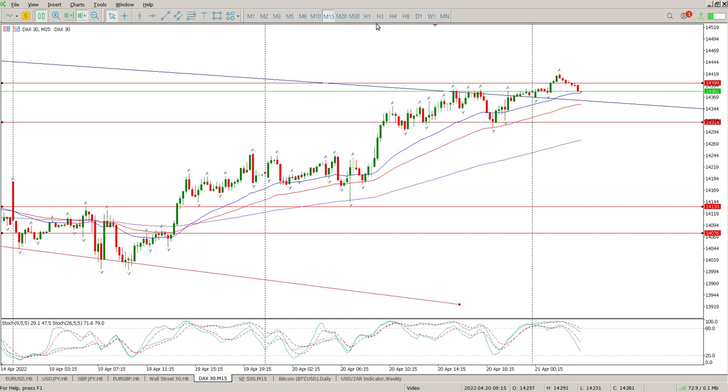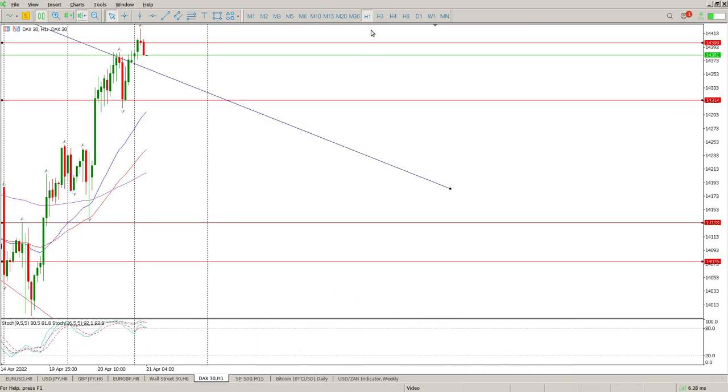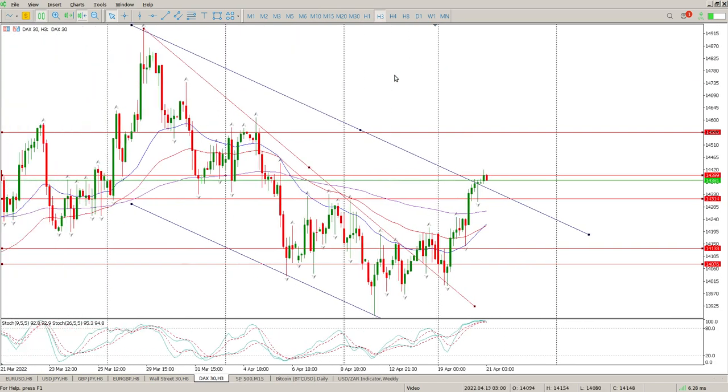But if this thing does break, ladies and gentlemen, it is, in my books anyway, a fairly solid attempt at breaking this consolidation channel. And there is my next bit of structure on the higher time frames, and that's 14,550. So I would say 14,500, then 14,550 are the next two areas to pay attention to.